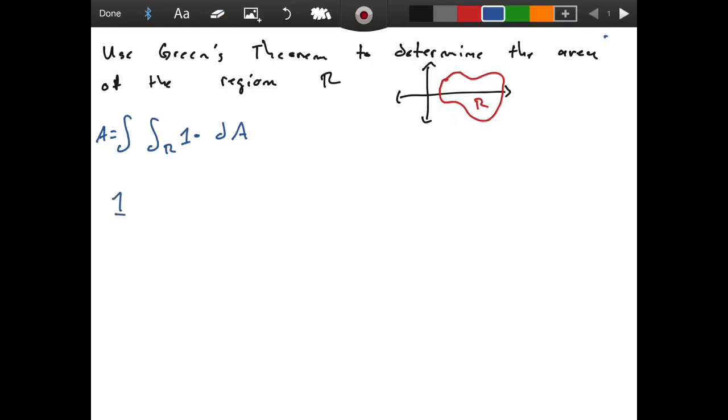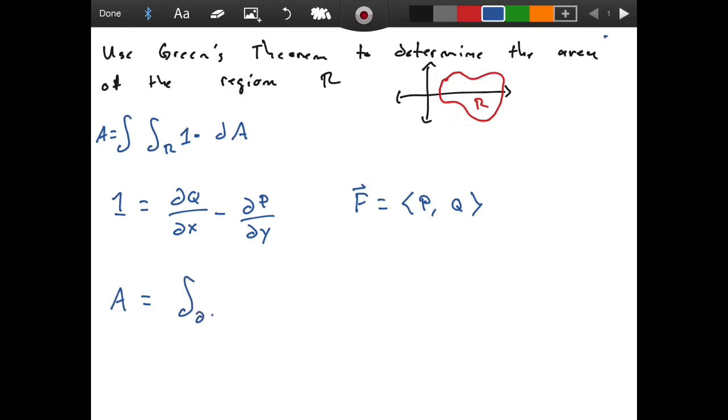If we see this as being the partial derivative of q with respect to x minus the partial derivative of p with respect to y, where p and q are the components of some vector field pq, then the area is equal to the line integral over the boundary of R. And now notice that the boundary of R is a closed curve, so we're going to put the loop there and say it has counterclockwise orientation, of the vector field f dotted with ds. Okay, that's what Green's theorem says.